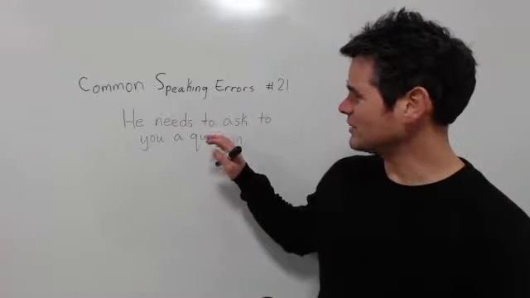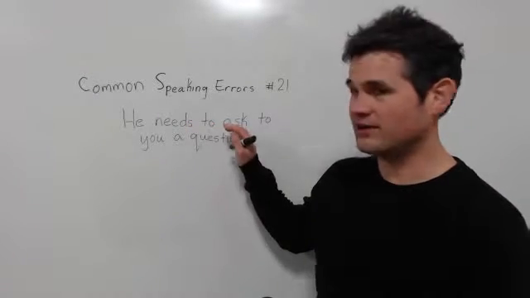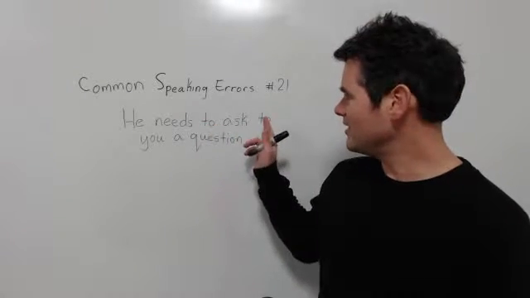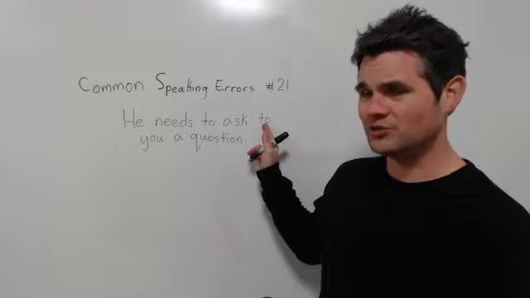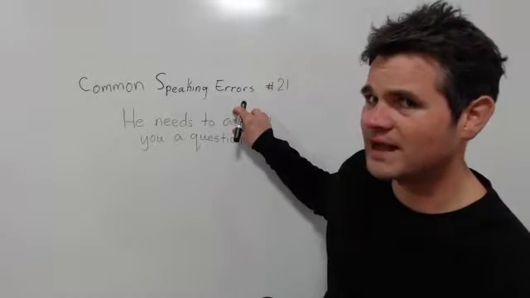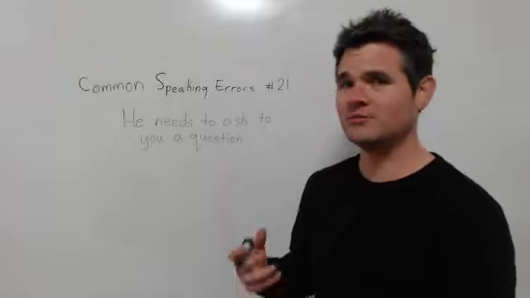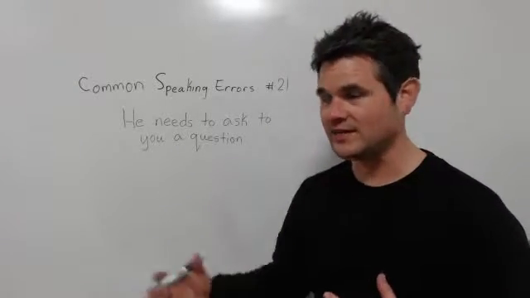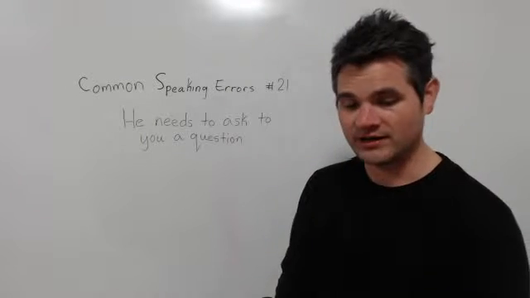But the verb in this question, well, the to infinitive that we have in this question is to ask. And then we're following ask with to. Now, the thing is that the verb ask is a transitive verb, which means it can take an object. It doesn't need a preposition.